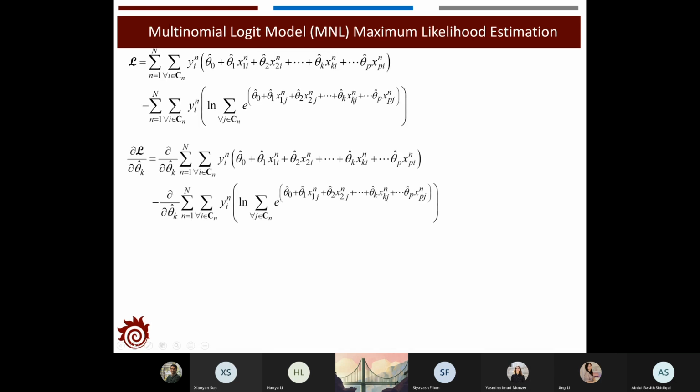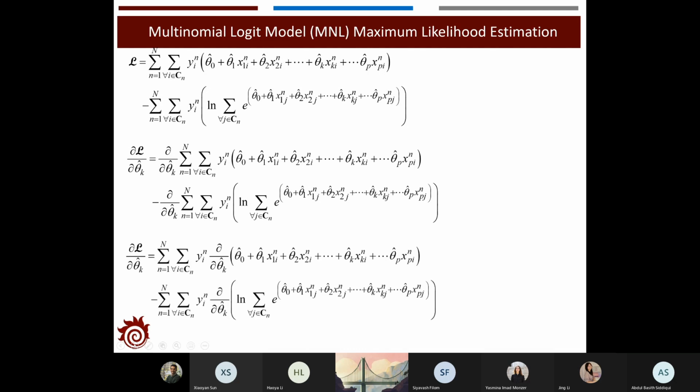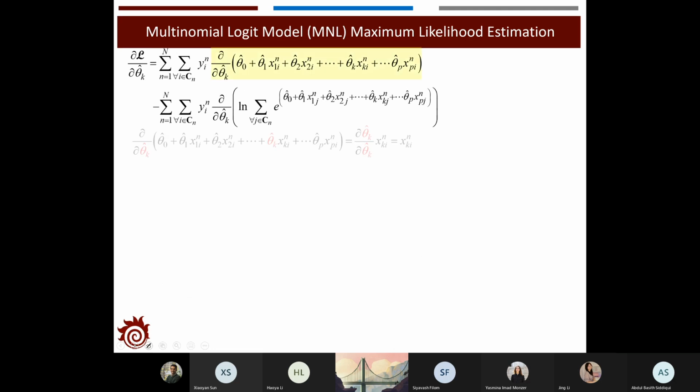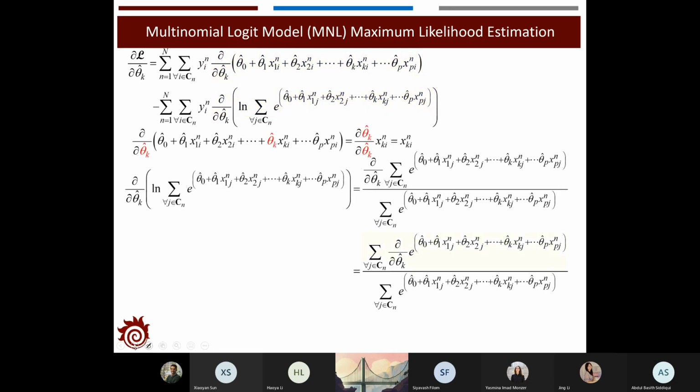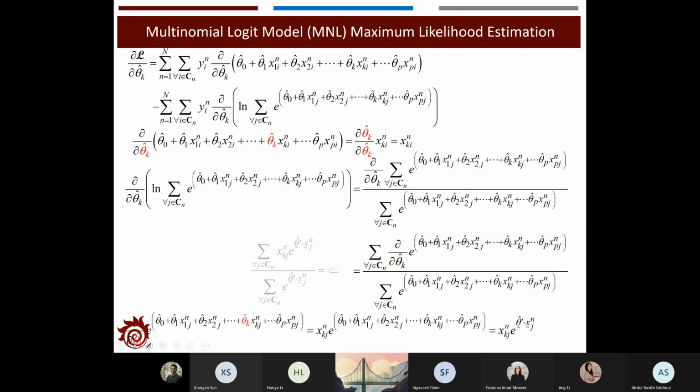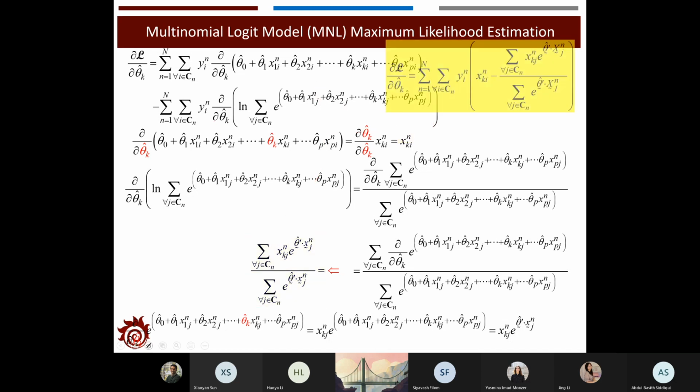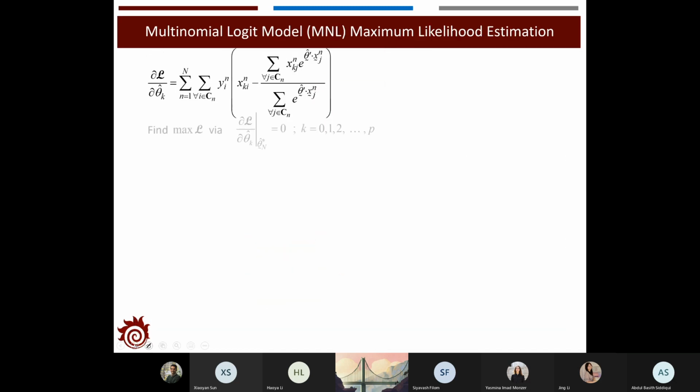As I say, that is very complicated, so I will skip those derivation details. Eventually you can find some very simple expression for the result. Let me just skip those detailed derivation steps.